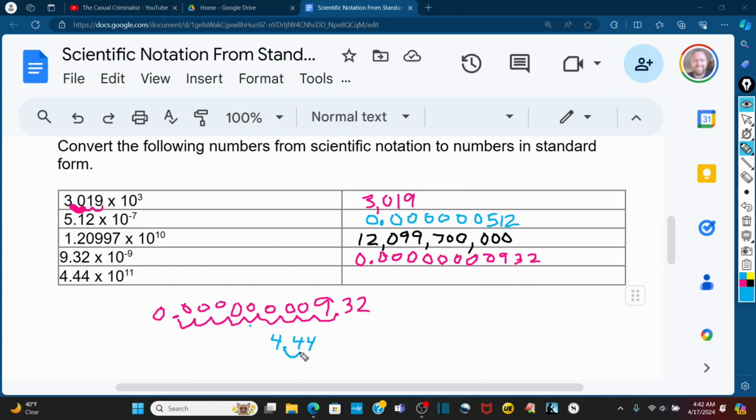So let's go 1, 2, 3, 4, 5, 6, 7, 8, 9, 10, 11.